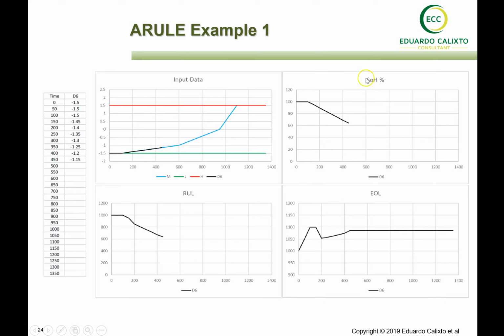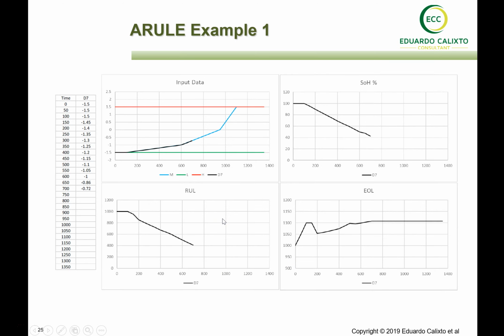What's happening is your state of health is decreasing, because you now start to have times when your equipment is operating over the operation limits. So your state of health is now not 100%, it is 60%, and your remaining life is no longer 1,600. Then you can see how much you still have for operating, until you achieve your final remaining life.